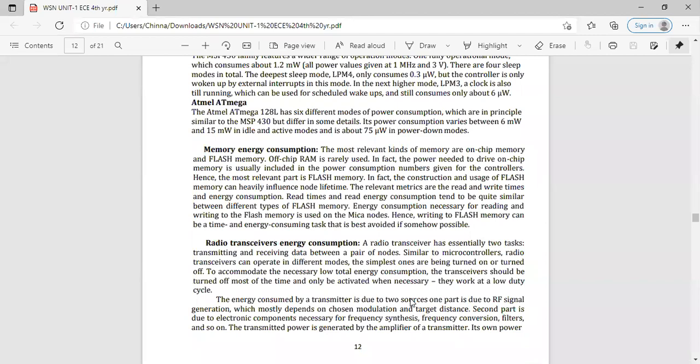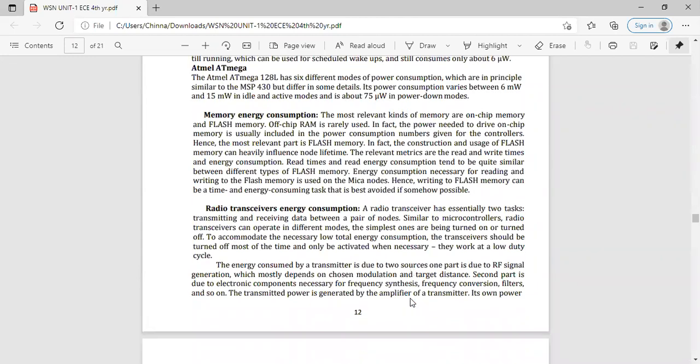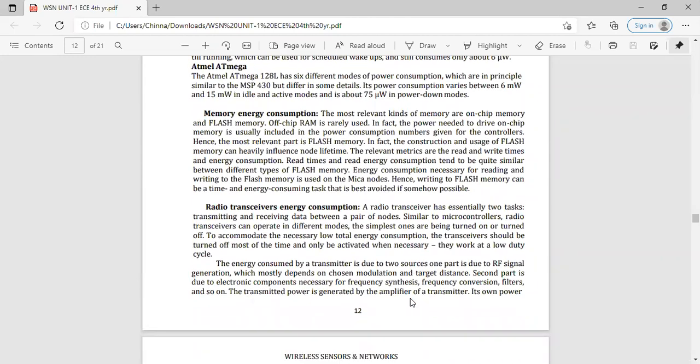On-chip memory and flash memories are used; off-chip RAM will be used only rarely. The power needed to drive on-chip memory is usually included in the power consumption numbers given by the controller. As we already saw in the node architecture, the memory is connected to the microcontroller, so here also the power consumption numbers are given by the microcontroller.